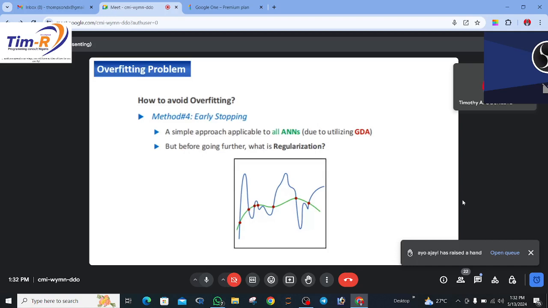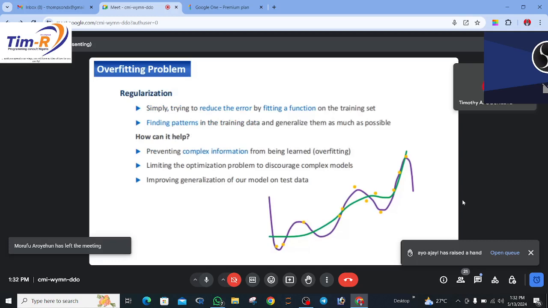Regularization has to do with trying to reduce the error by fitting a function on the training set, finding patterns in the training data and generalizing them as much as possible, but not trying to overfit them. And how can it help? It prevents complex information from being learned, which leads to overfitting, limits the optimization problem to discourage complex models, and also improves generalization of a model on the test data.